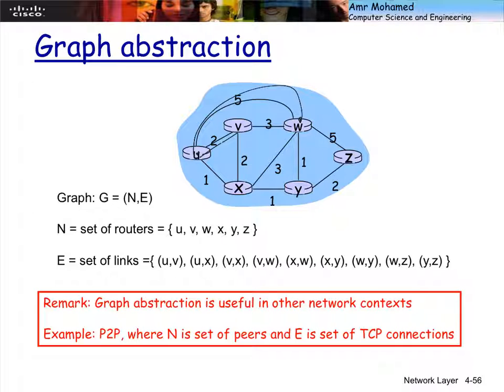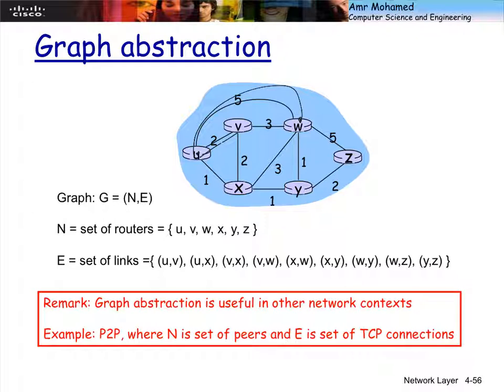So the cost of UVW is 2 plus 3, which is 5. And the cost of UW directly is also 5. But we will go through one hop in that case. So the cost of any path is the summation of the cost of every single link through this path.